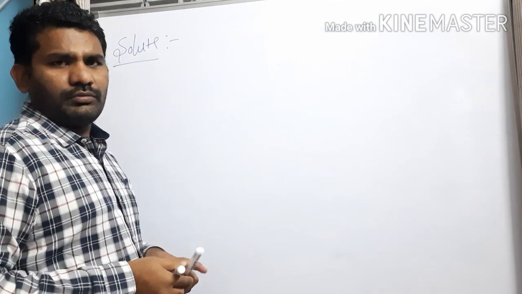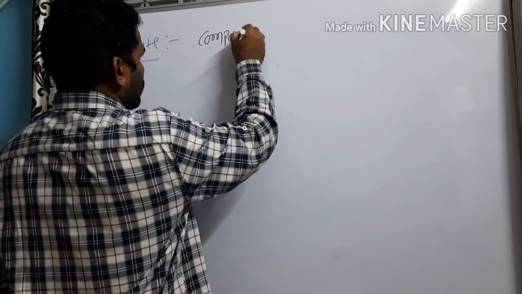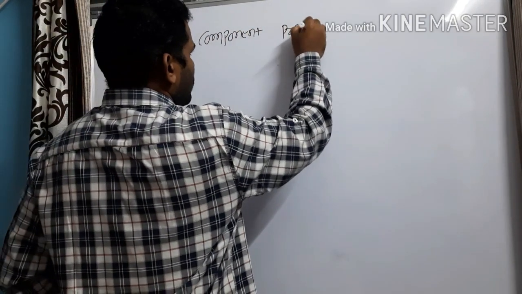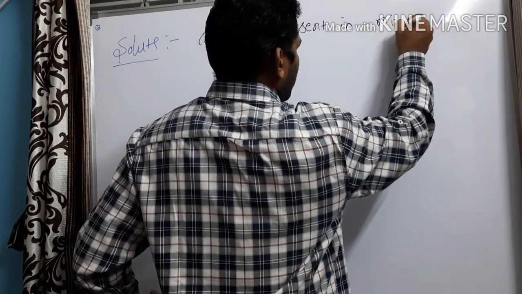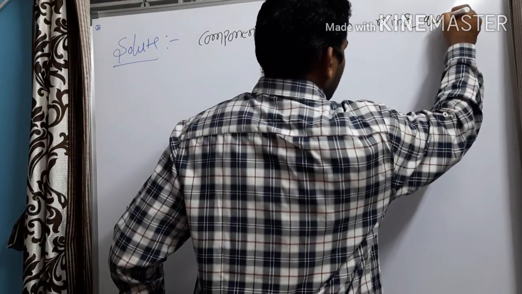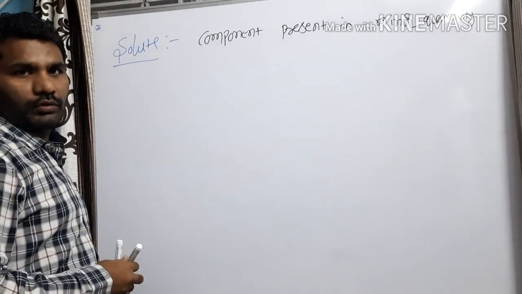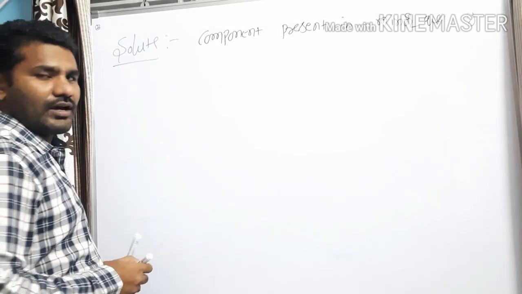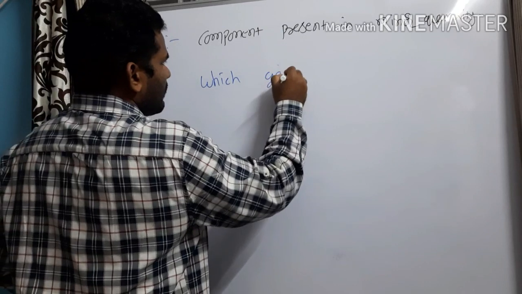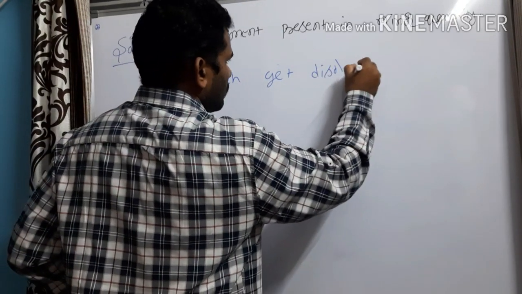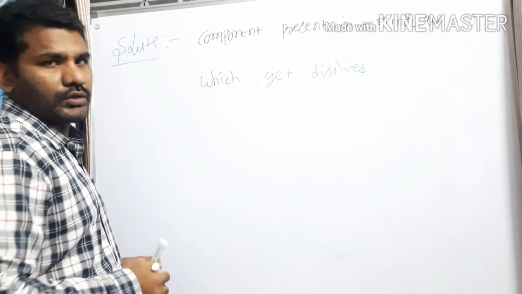In a solution, the component present in minor quantity is called as a solute, or we can define solute as the component which gets dissolved is called as a solute.